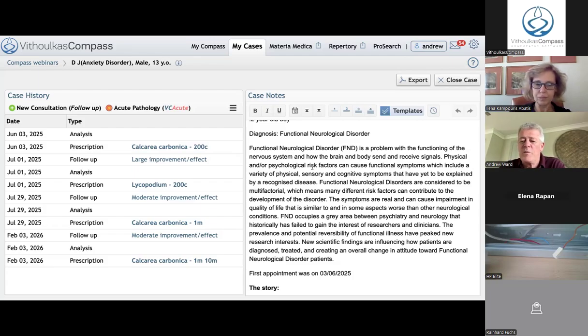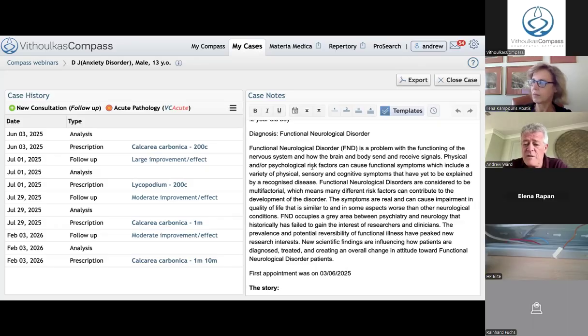So it says a problem with the functioning of the nervous system and how the brain and body send and receive signals. Physical and/or psychological risk factors can cause functional symptoms, which include a variety of physical, sensory, and cognitive symptoms that have yet to be explained by a recognized disease.